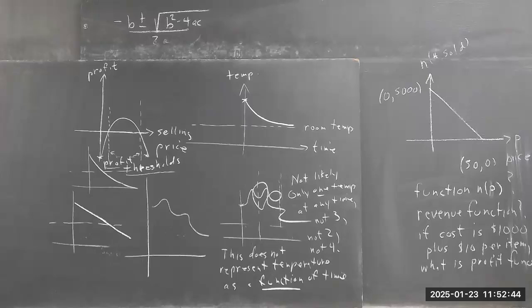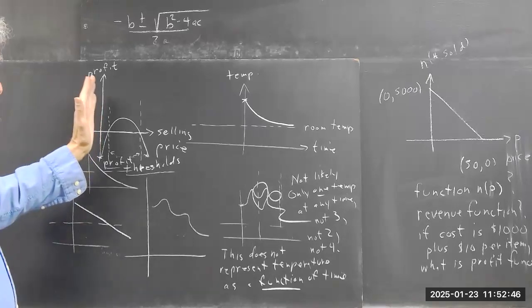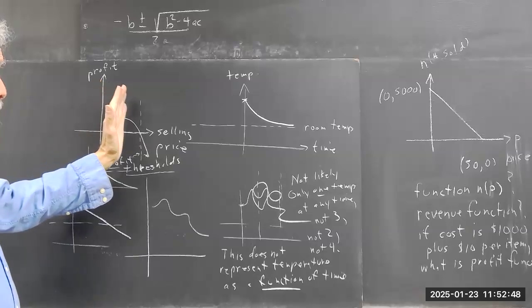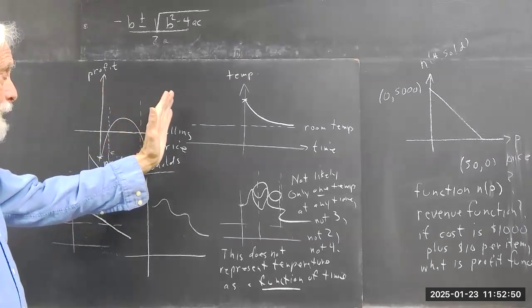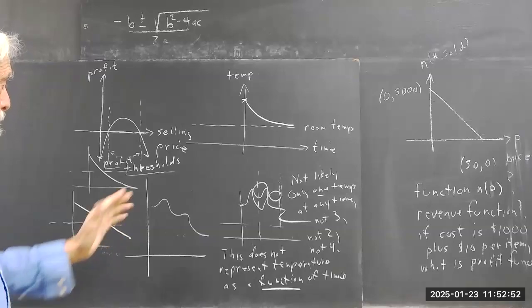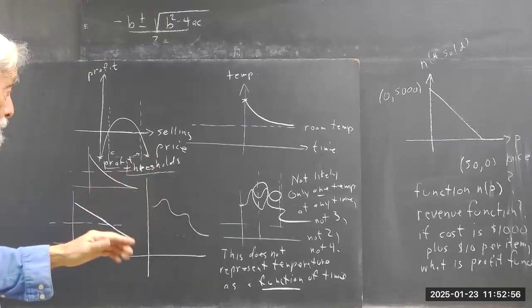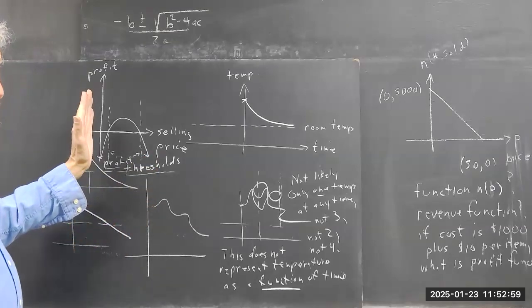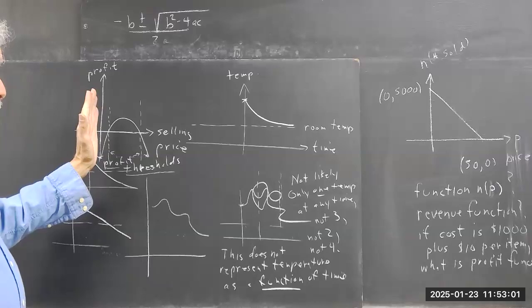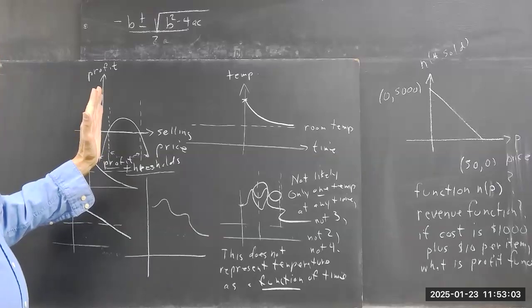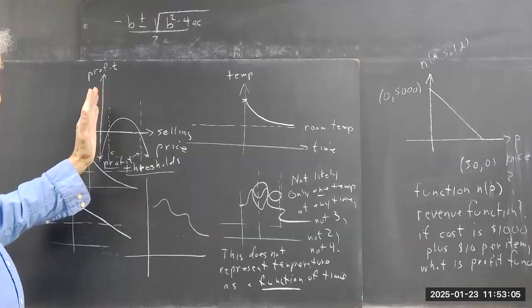So here's selling price. Selling price is zero here. Here it gets higher and higher. At this point, nobody's buying. So tell me when to stop to find the selling price where we get the maximum profit. Can you do that?